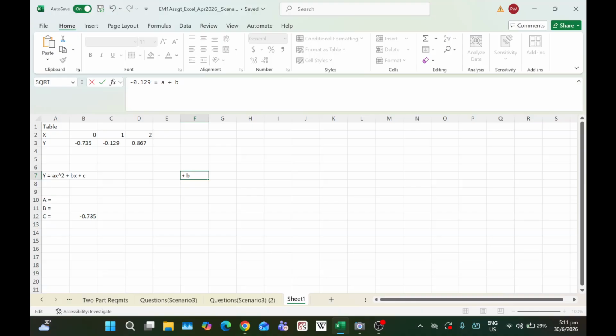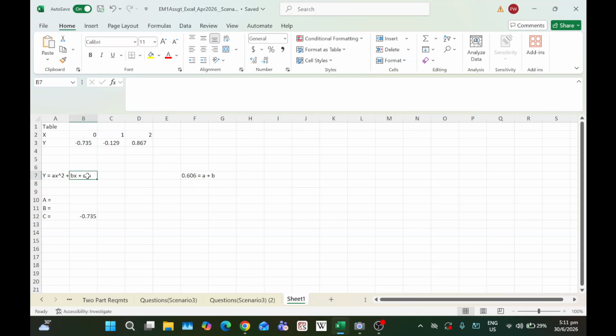Taking this over, by adding 0.735 to both sides, it will become 0.735 minus 0.129, which will give us, on our calculator, A plus B equals 0.606.